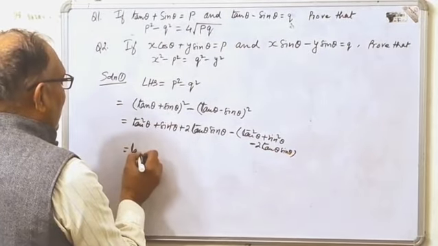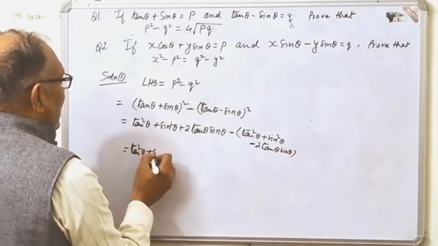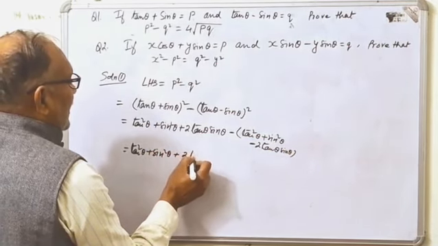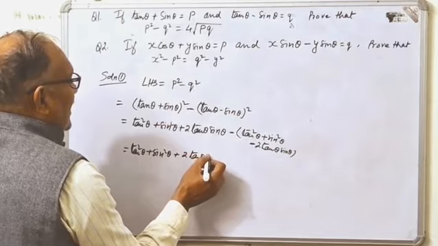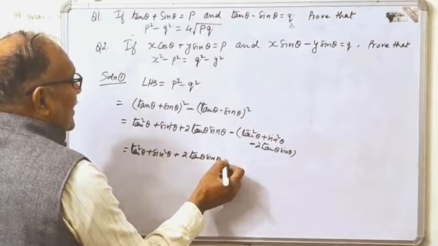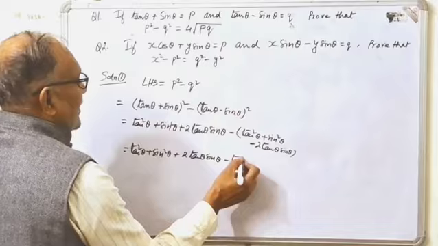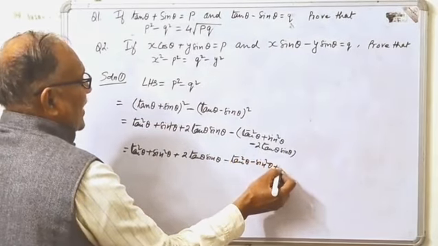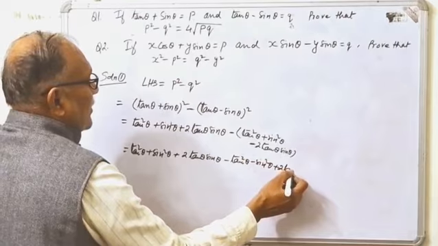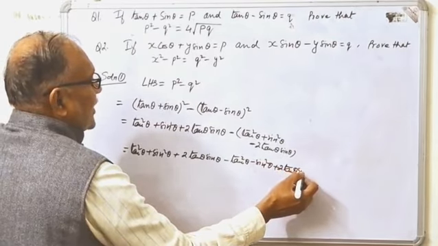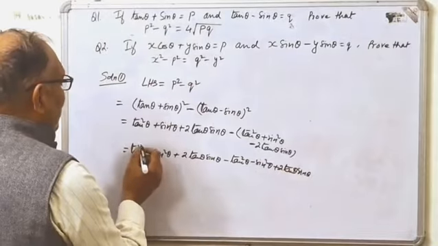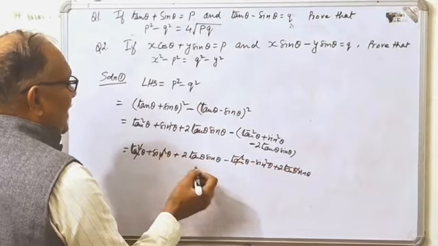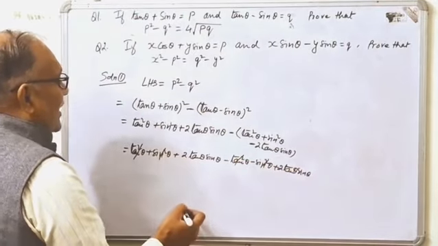Now tan square theta plus sin square theta plus 2 tan theta sin theta, minus tan square theta minus sin square theta plus 2 tan theta into sin theta. Now tan square theta and minus tan square theta will cancel out, and sin square theta and minus sin square theta will cancel out.